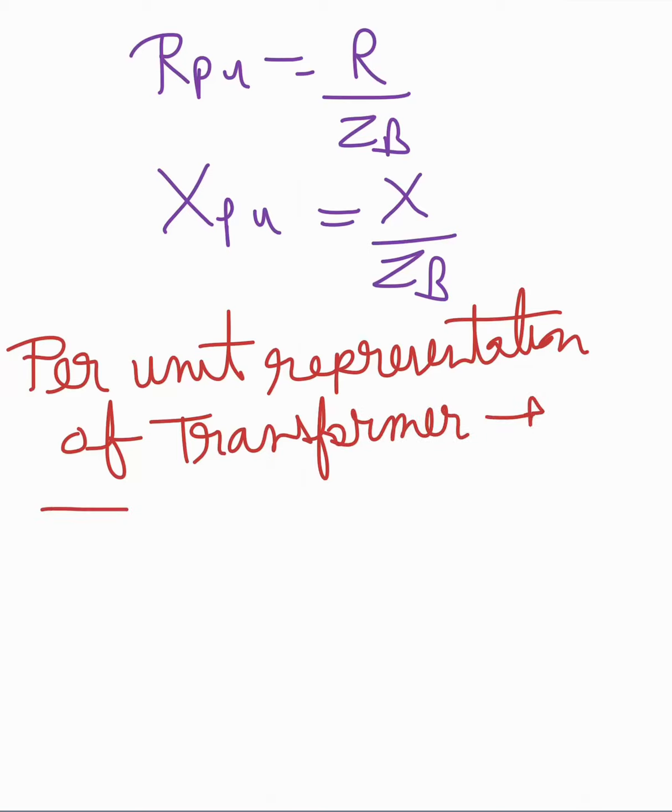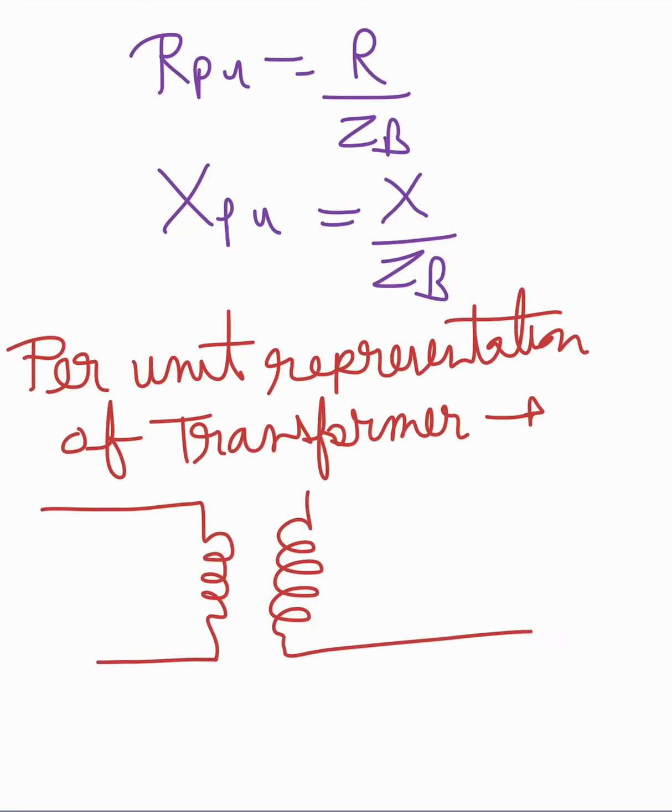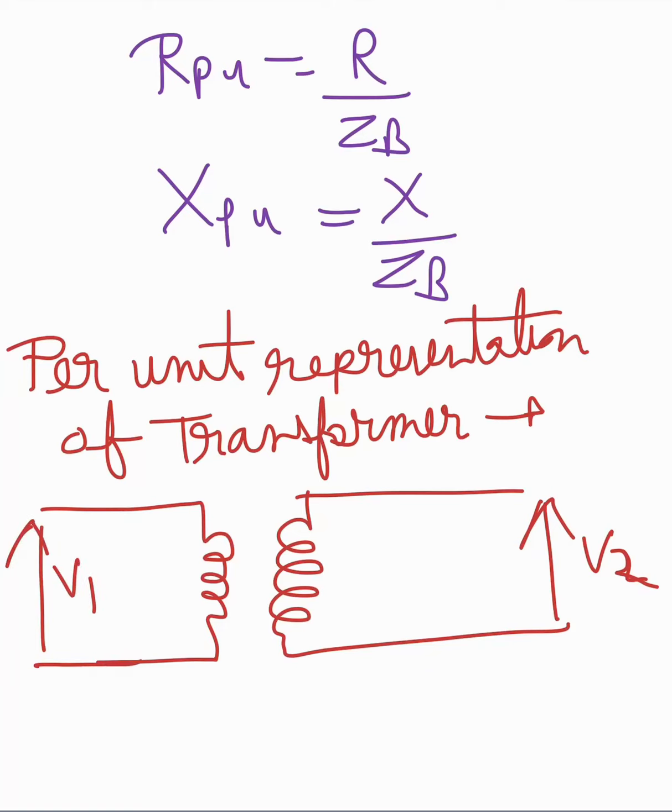So here the transformer has primary side voltage V1 and current I1, and secondary side voltage V2 and current I2, with polarity positive negative, positive negative, and dot convention, and turns ratio N1 is to N2. So in this case we have to calculate the per unit representation of transformers.